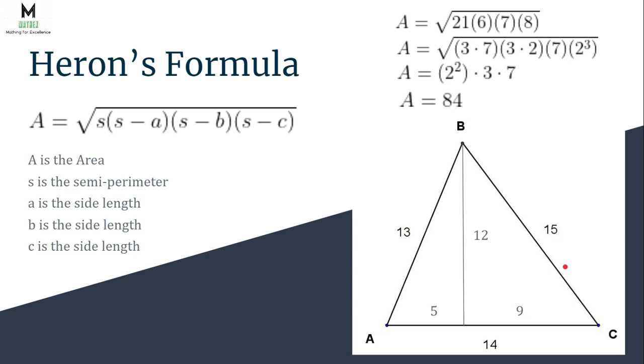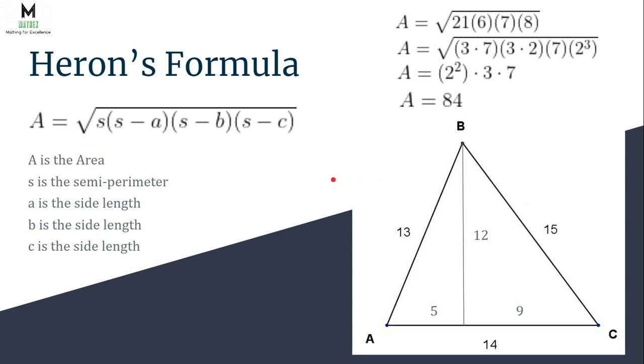So this is the cool property that people often associate with 13, 14, 15 triangles: the ability to break it into two Pythagorean right triangles with well-known Pythagorean triplets. And obviously, if we use this height and this base, multiplying and dividing by 2 will give us 84.